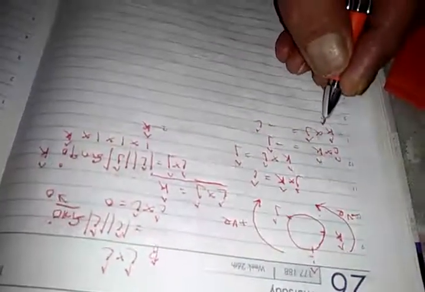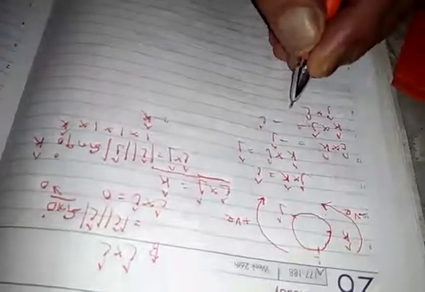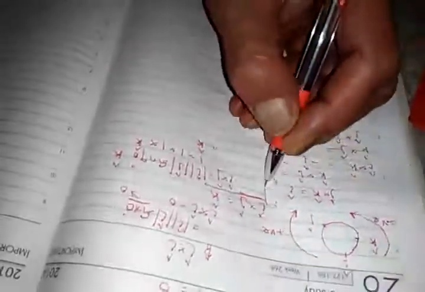Now anti-clockwise, i cross k is equal to minus j. You have to use the negative sign. k cross j is equal to minus i. j cross i is equal to minus k. So 3 are negative, 3 are positive.